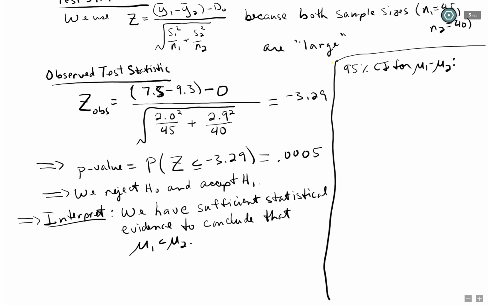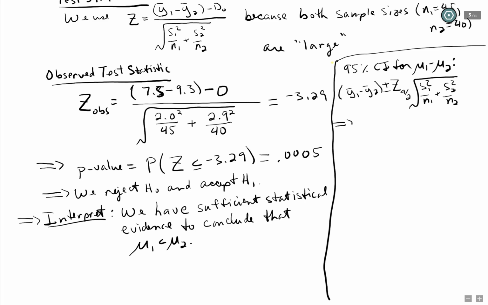What are some plausible values for the difference of those two population means? Well, I take the formula again, y1 bar minus y2 bar plus or minus a z percentile times the square root term that we have already dealt with.